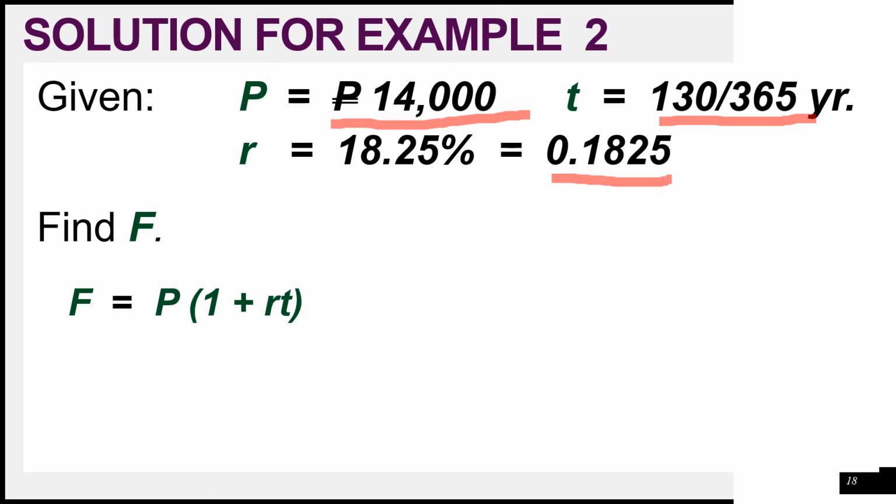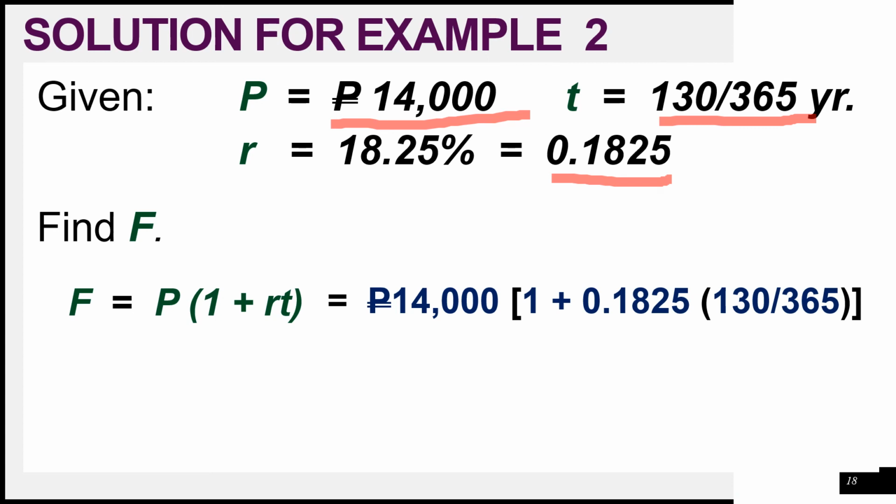Using the formula F equals P times 1 plus RT, substituting the values we have here, our P is 14,000 pesos times the quantity of 1 plus our rate, which is 0.1825, times the term, which is 130 over 365 days. Now, we will copy 14,000 pesos, and then we are going to multiply first 0.1825 by 130 over 365.